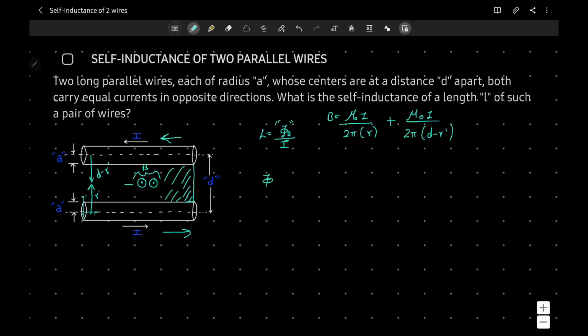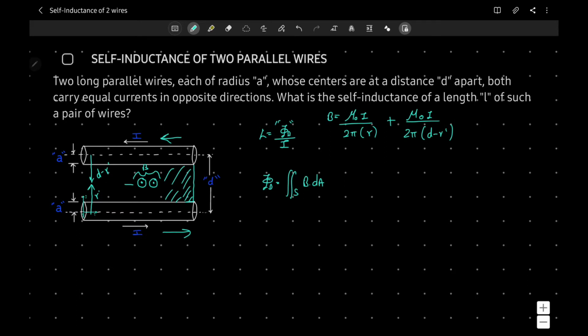So the magnetic flux will be the surface integral of B dot dA. Since the B field is going out of the screen and dA is also going out of the screen, the cosine of that angle will be 1. So that's positive.